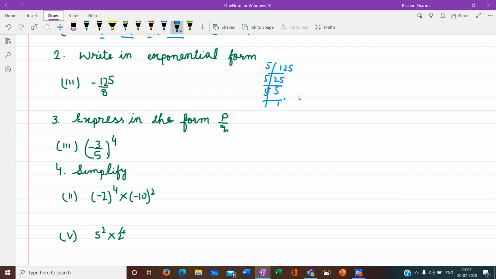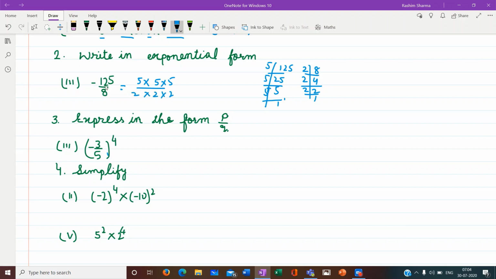In the same way, we know 8 can be written as a product of 2's. So we write 125 as 5 into 5 into 5 and 8 as 2 into 2 into 2.